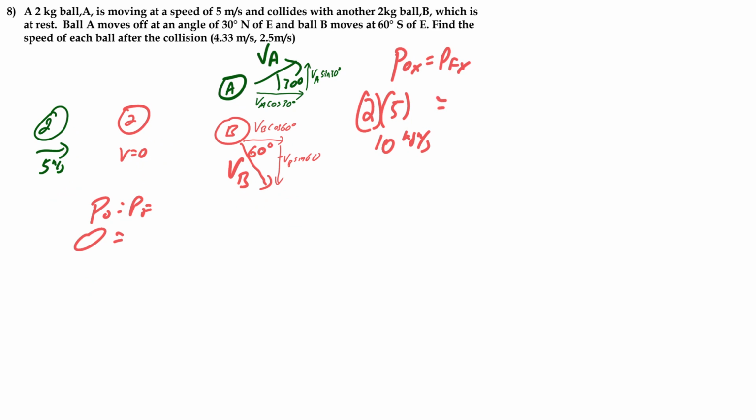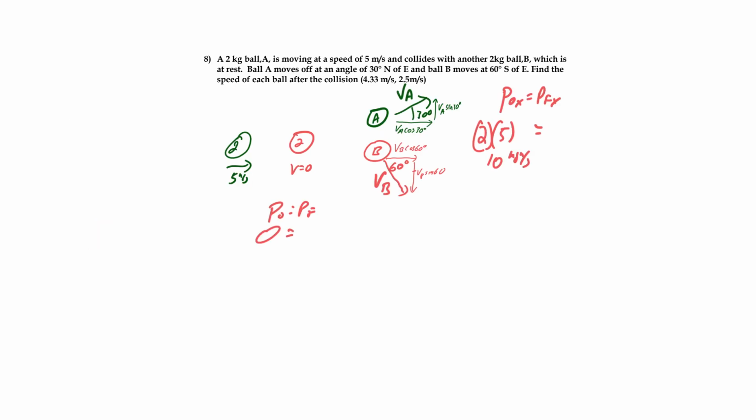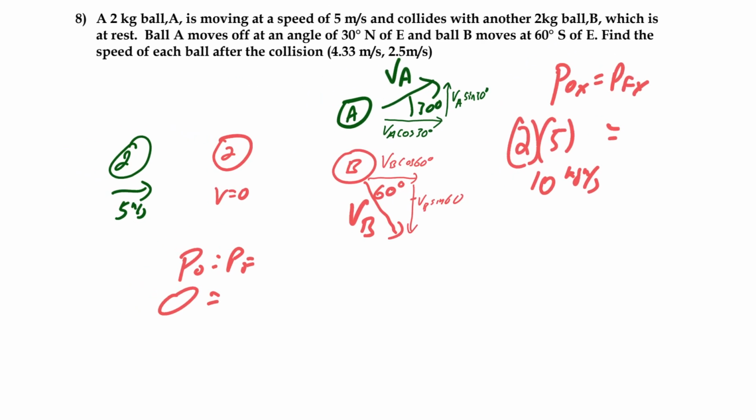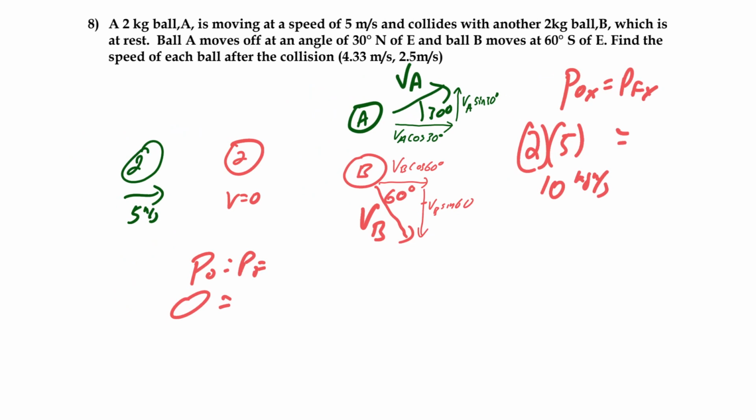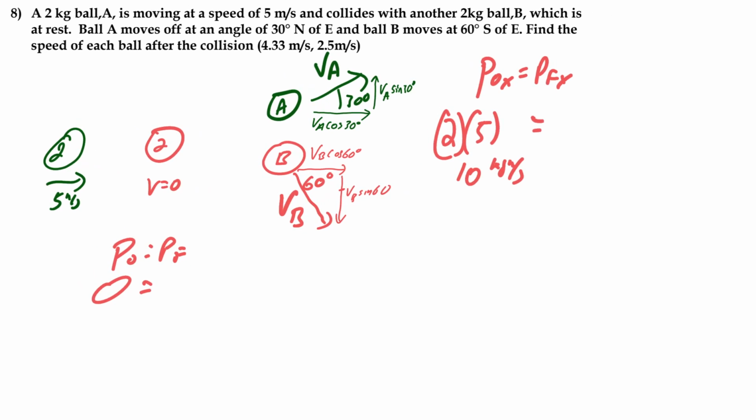So for example, over here, we're going to say this VA was, let me just color code it so you can see it a little bit better. So this is going to be 2 times VA cos 30 plus the green one.